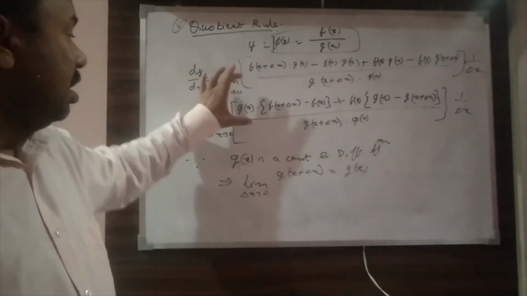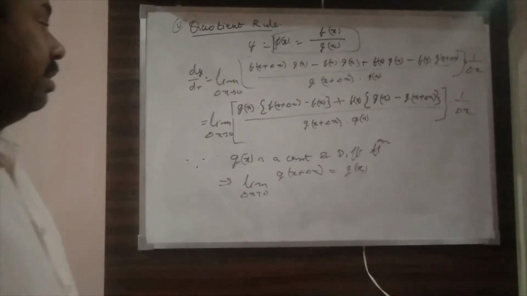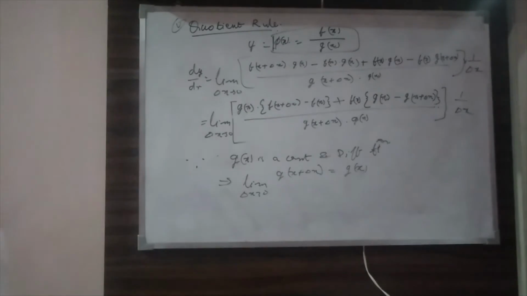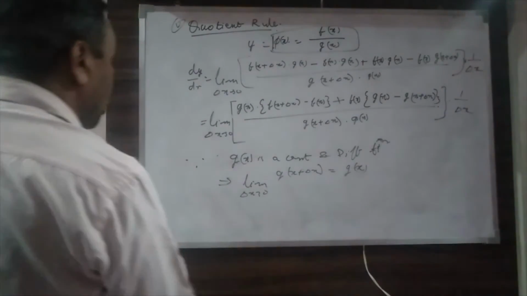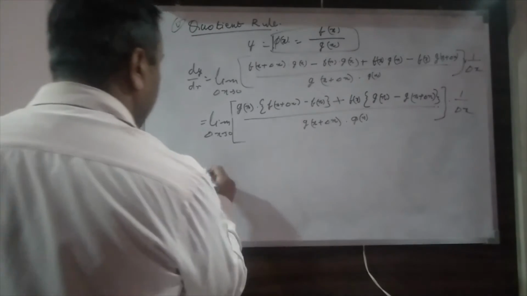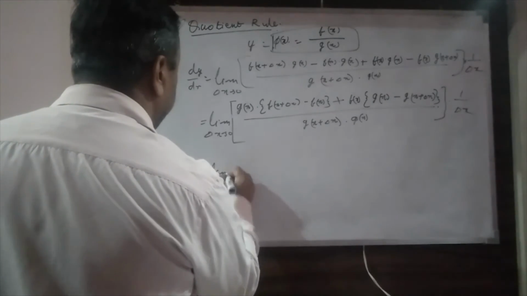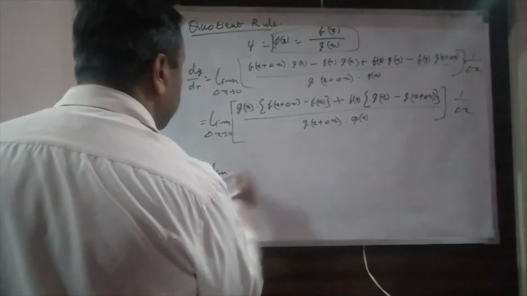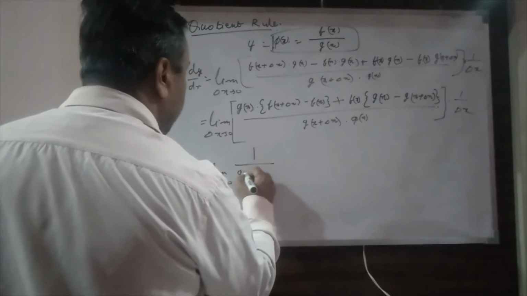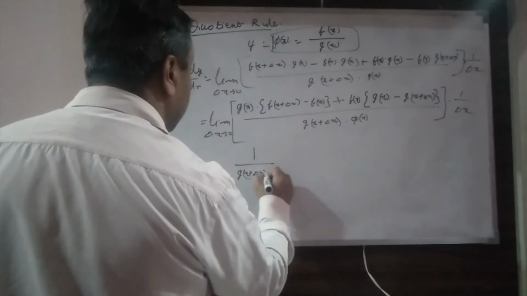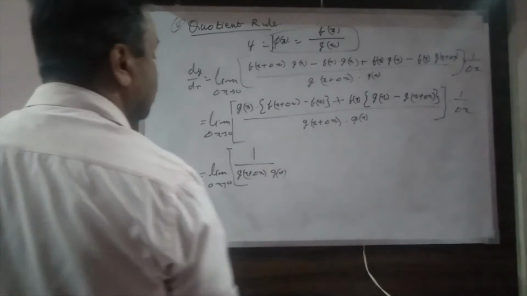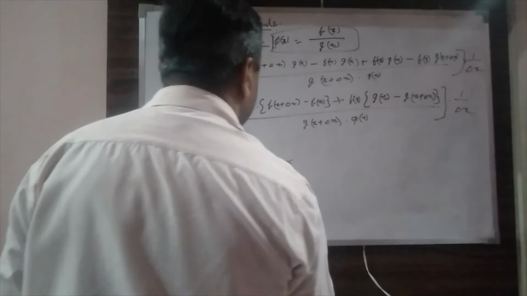So using this, and this delta x will be dividing both these two terms. So what I get is limit delta x tending towards 0, I am further rearranging it, g(x plus delta x) into g(x) first thing.